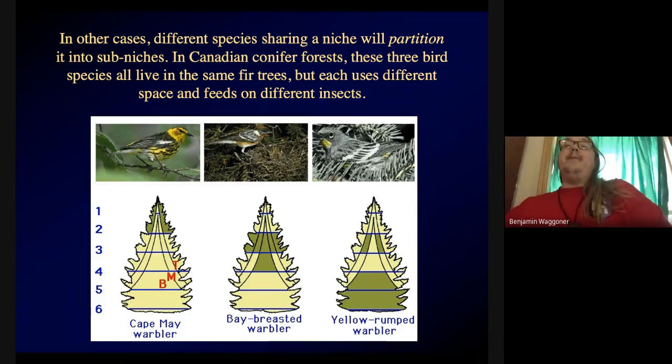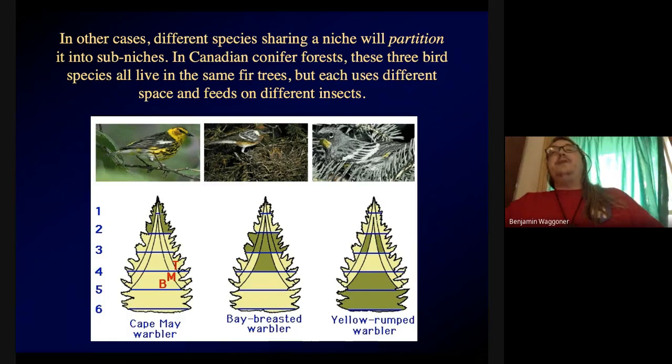What has come to happen is that one species, the Cape May warbler, is best adapted to live in the tops of the trees and feeds on the insects that live up there. A second species, the bay-breasted warbler, is adapted to live in the middle of the trees. And a third, the yellow-rumped warbler, lives down at the bases.